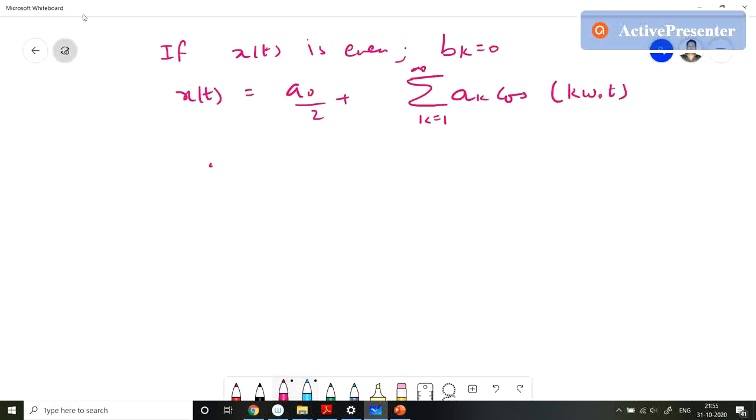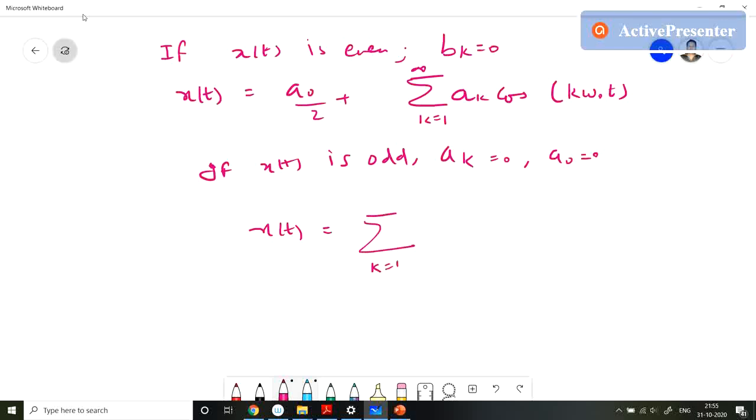And if x(t) is odd, then ak = 0 and also a0 = 0, so we have x(t) = summation k = 1 to infinity of bk sin(k omega0 t).